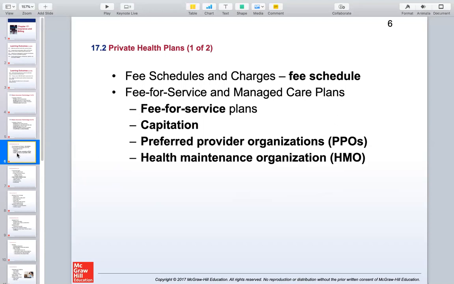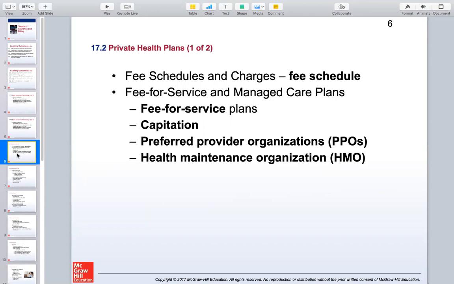So let me give you another example. If I wanted to see patients who had Blue Cross Blue Shield, then I would need to submit an application requesting that I be a covered provider in network to see patients with Blue Cross Blue Shield. So I would be considered what is called a preferred provider.